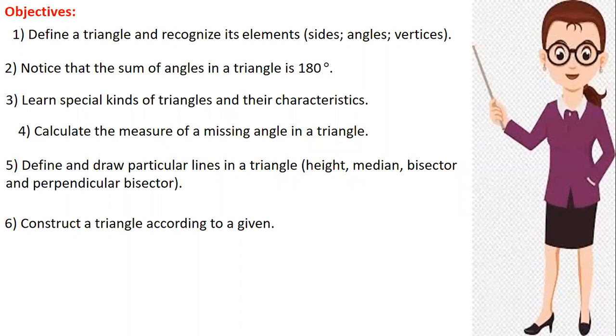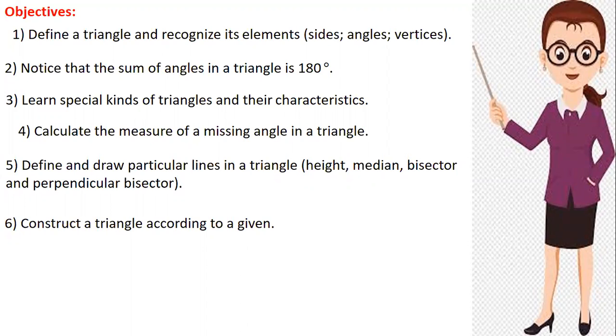The objectives of our lesson: objective number 1, first I will define a triangle and recognize its elements. In a triangle we have sides, angles and vertices. Objective number 2, we will notice that the sum of angles in a triangle is 180 degrees.